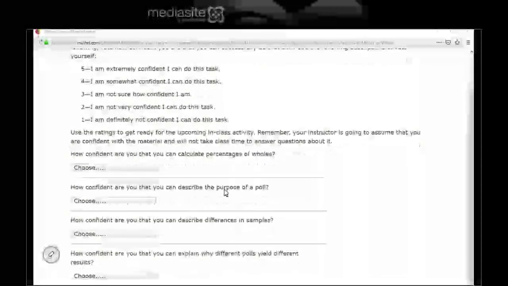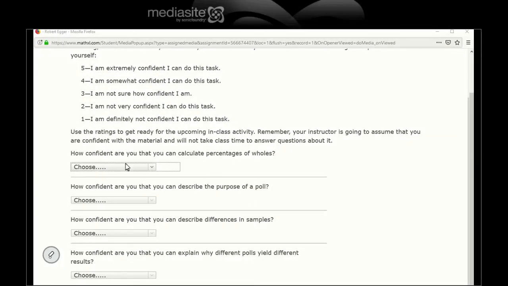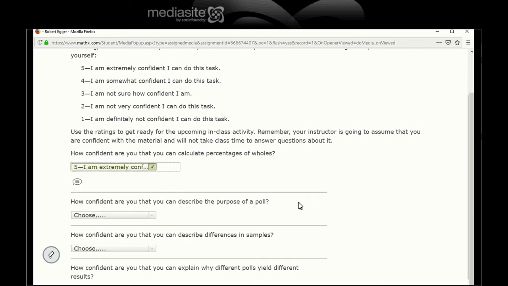And then at the end, you take this poll about how confident you feel about things. For myself, how confident am I in calculating percentages of wholes? Extremely confident.